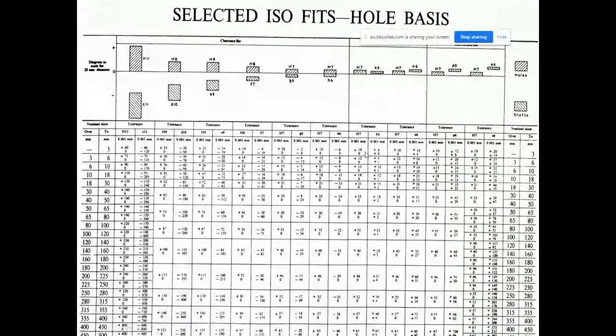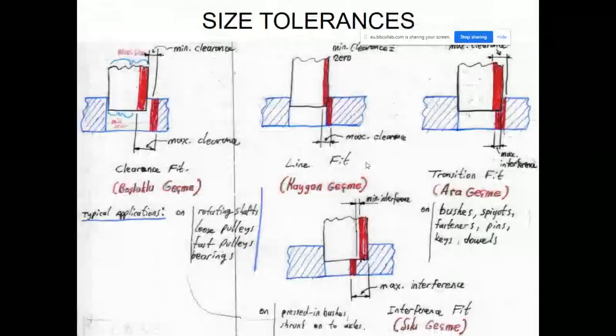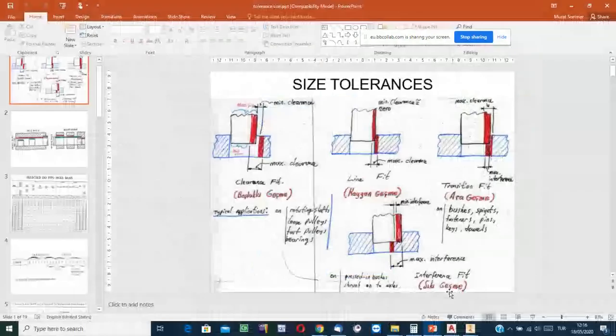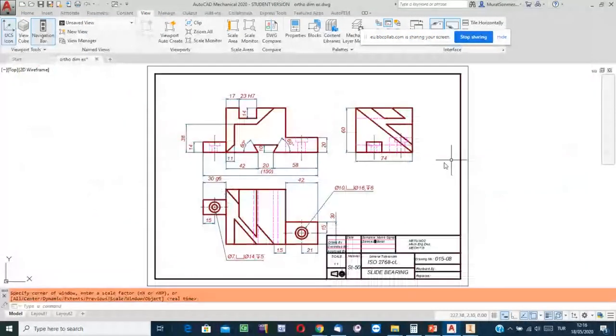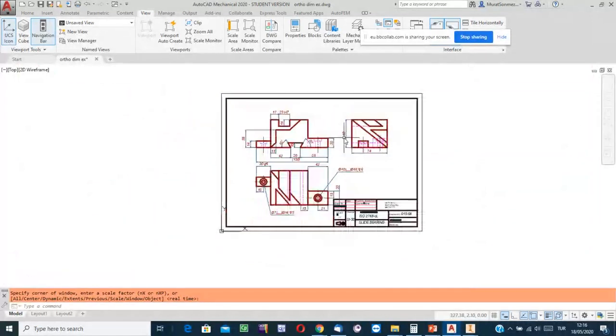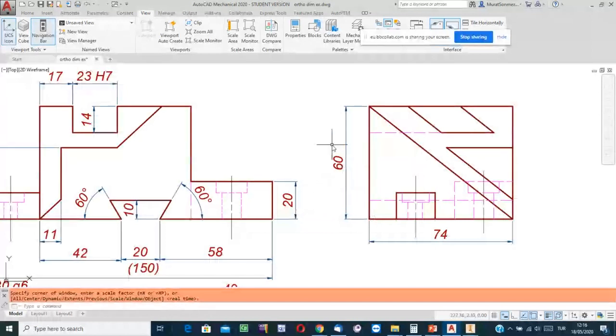How about non-functional dimensions? For instance, in this example, which one? 60. For instance, 60, the height of the object. You see, next to this number, we have no IT grade.